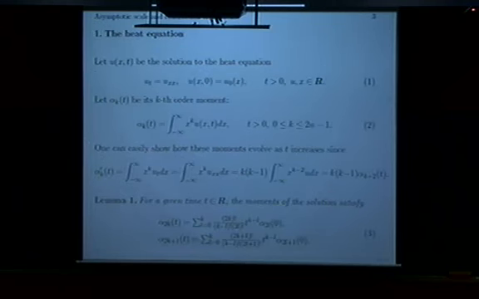Okay, so the heat equation, it is just the heat equation. Now, what is the moment? Moment is just this thing. For any given t, this is the kth order moment of the solution. If you differentiate this one, you can easily check that the derivative of the kth moment is given by this.